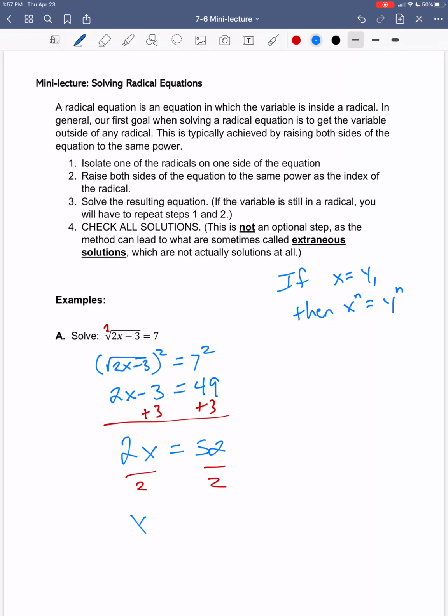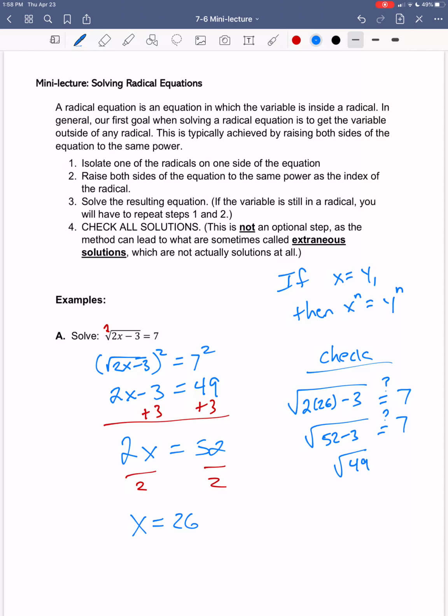I need to check, so I'm going to plug in 26 instead of x. Does that work? Yes, I get the square root of 49 equals 7. So this solution, x equals 26, is a valid solution.